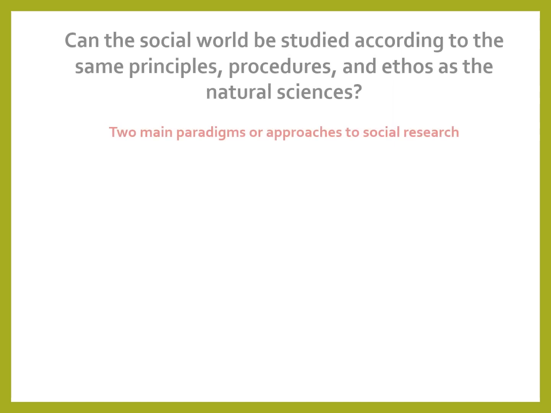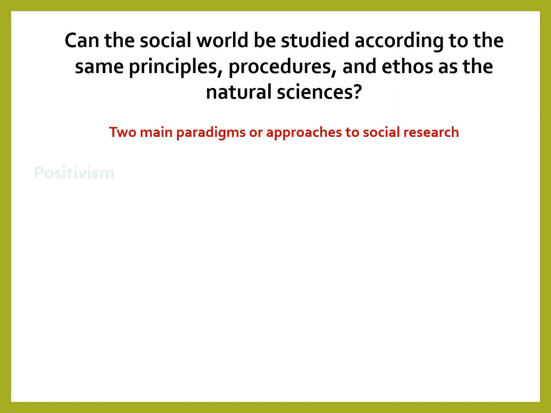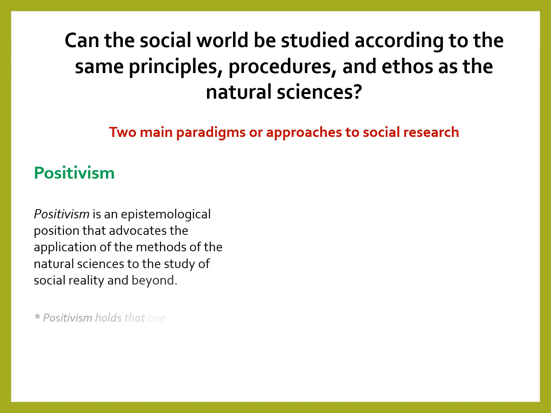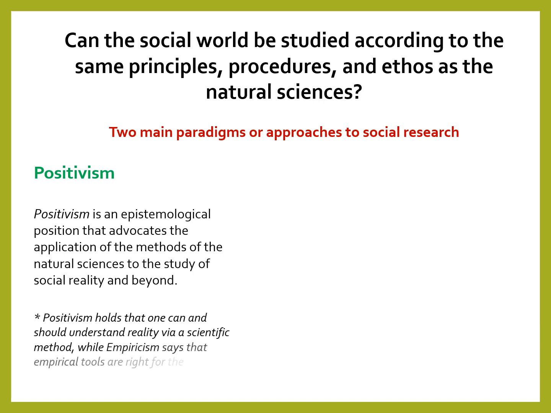A very important question is whether or not the social world can be studied according to the same principles, procedures, and ethos as the natural sciences. There are two answers to this question. One is positivism and the other interpretivism.